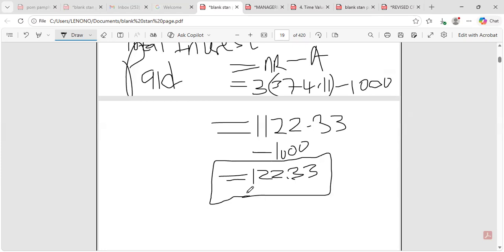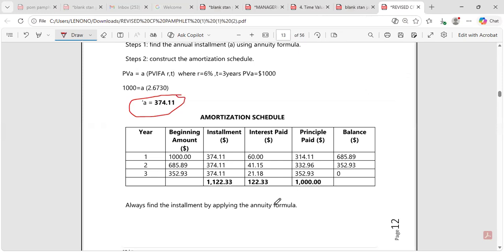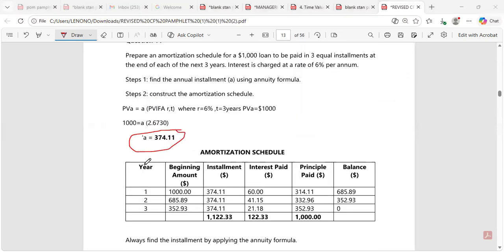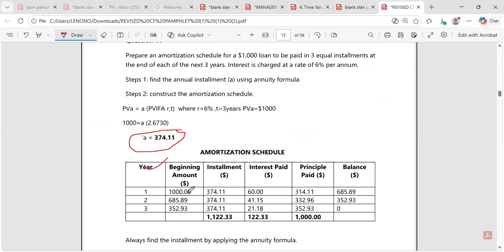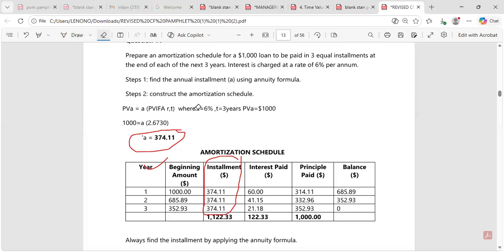All right, so this is how they found this table now. So this table is the year. Beginning amount was 1000. This is the installment you're paying, and this is the total interest, the 122.33 we found.